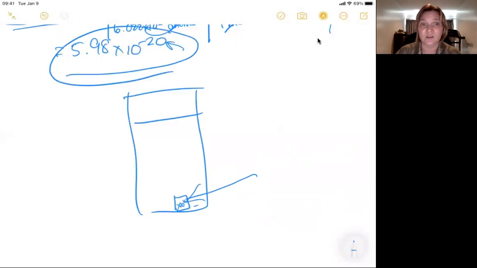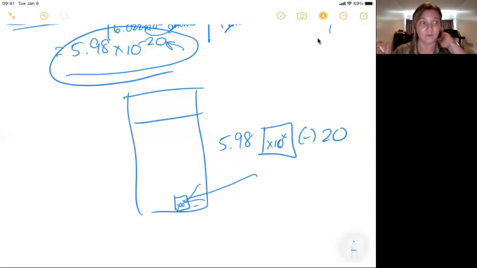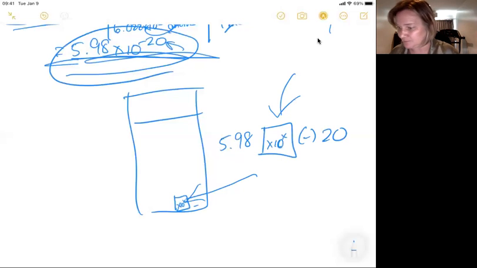So what you would literally type in your calculator is 5.98, and then that button, times 10 to the x, and then the minus sign 20. Now, I know some of you like to use different combinations of buttons on the calculator, but when it comes to exponents and scientific notation, that button is your best friend. So it's 5.98, magic button, negative 20. That gets you the same as typing that number in.